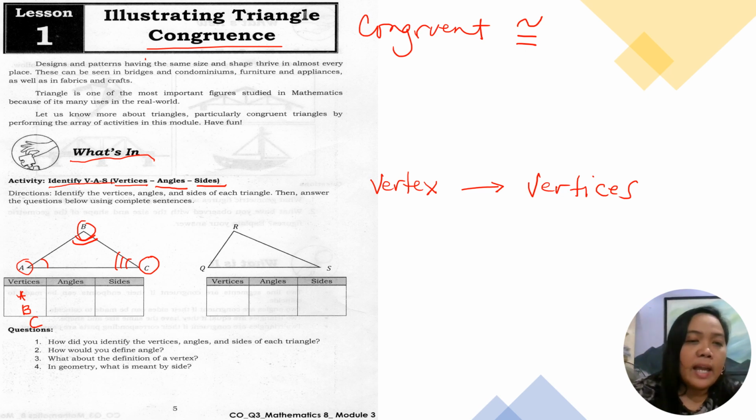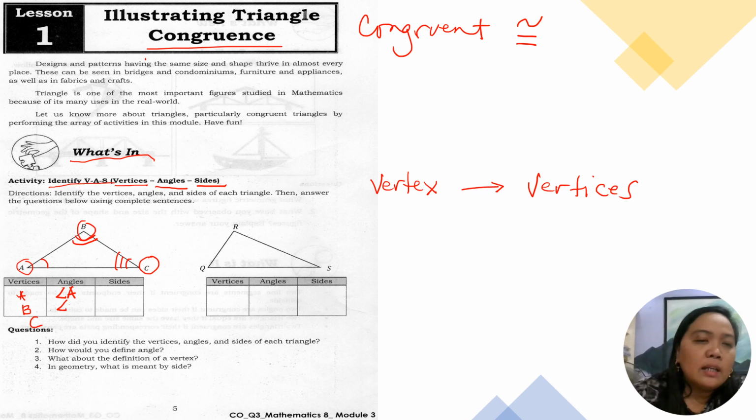We have angle A, angle B, and angle C. Take note that an angle could be named using the vertices, so do not forget to write the angle symbol.